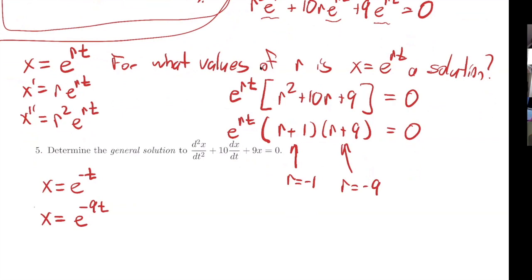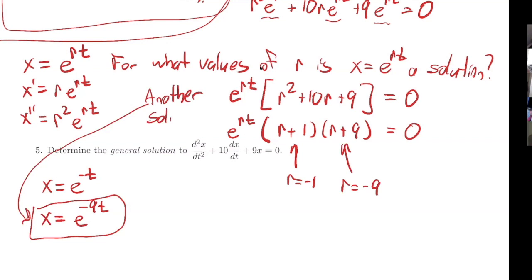So in part 4, the part above, it's really asking us, well, is there another type of solution that you can find? Yeah. There's another one, e to the minus 9t.